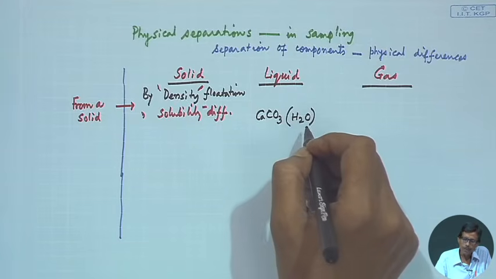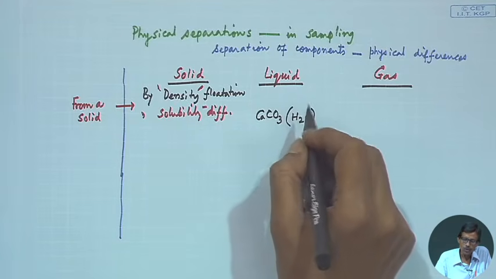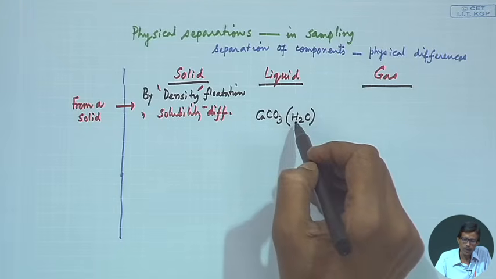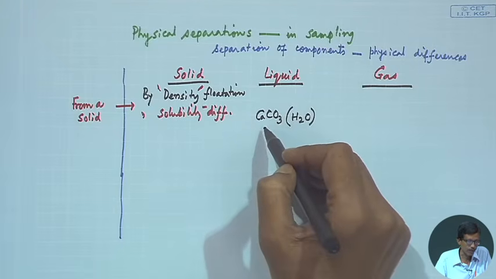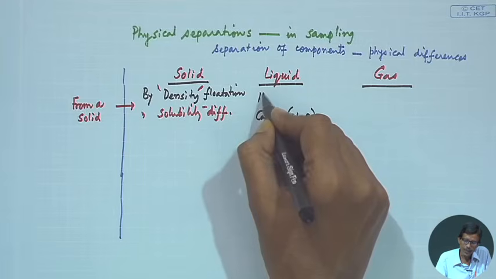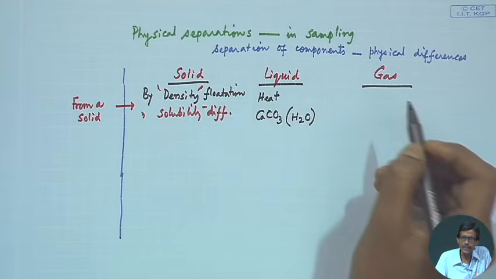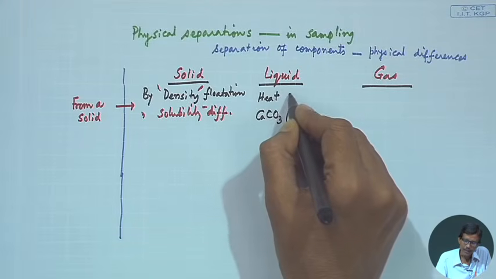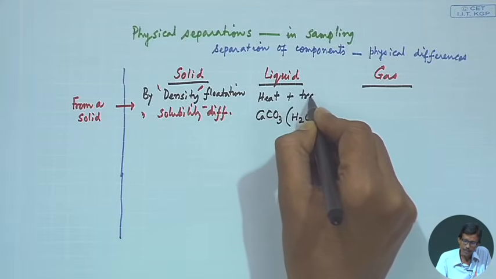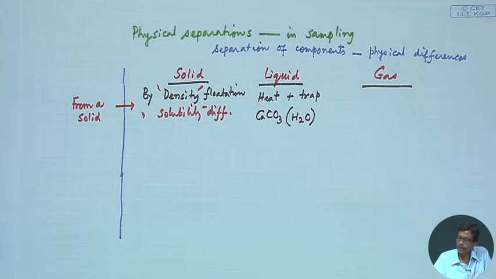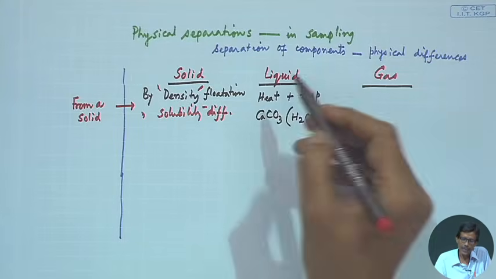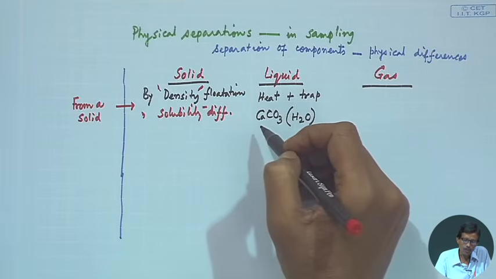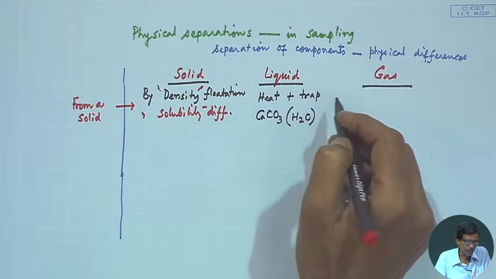This trapped water we can take out. So, we simply heat the material and trap the vapor. This is the usual technique of getting the liquid form of water from the solid calcium carbonate.